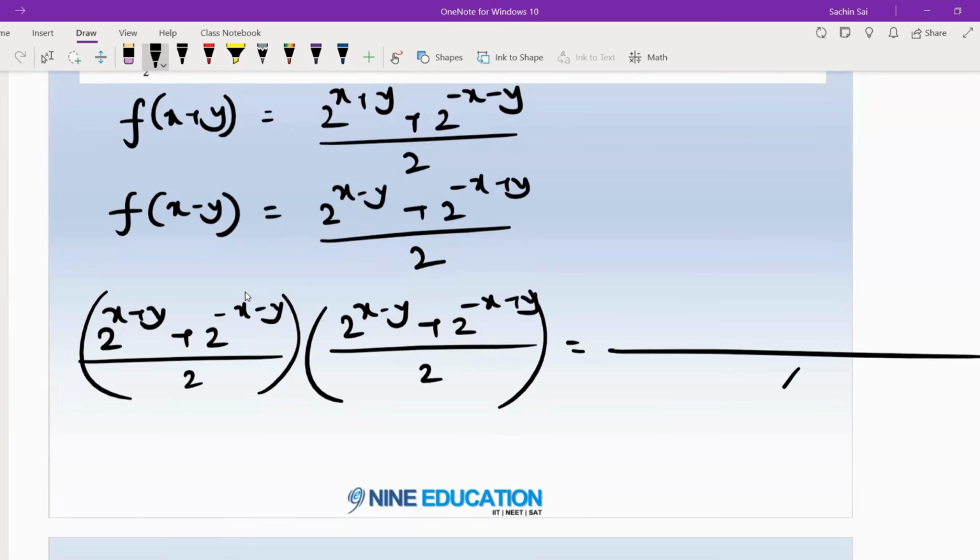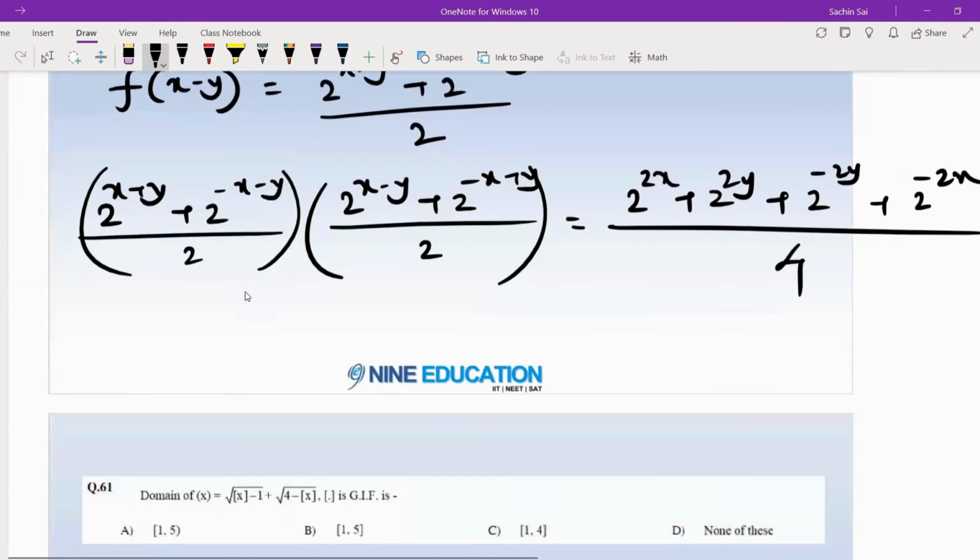So if you multiply these, the denominator is 4. In the numerator, you will get 2 power 2x plus 2 power 2y plus 2 power minus 2y plus 2 power minus 2x, whole divided by 4, right?